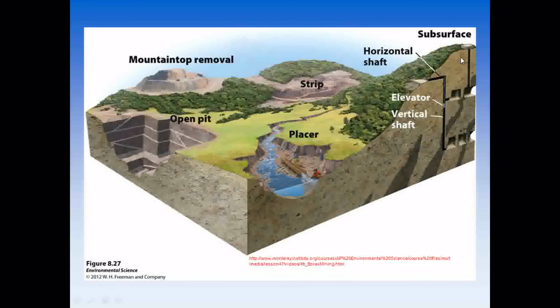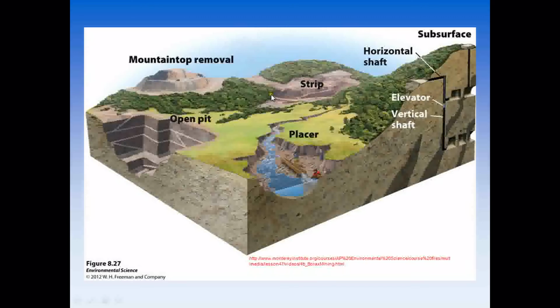Subsurface mining, again, is the more dangerous of the two. Less environmental hassle, because you can see it's not doing a lot of damage to the mountaintop. It's digging down in and building these corridors and shafts, but very dangerous for the people.